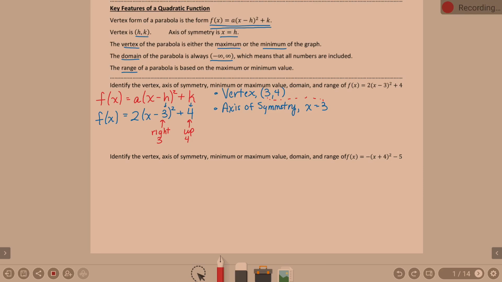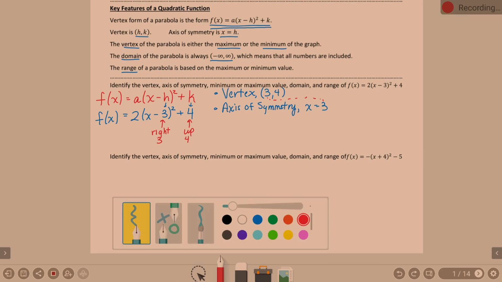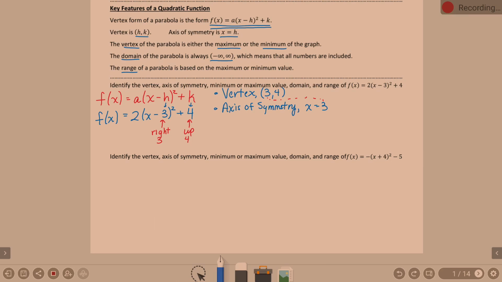Always the x-coordinate. If you look up here, it says x = h. So it's always x equals, and again, it's using that opposite sign there. Okay. So far, so good? If I have a question, ask, but I feel like this stuff relates to last chapter, right? So it's kind of review, reteaching.